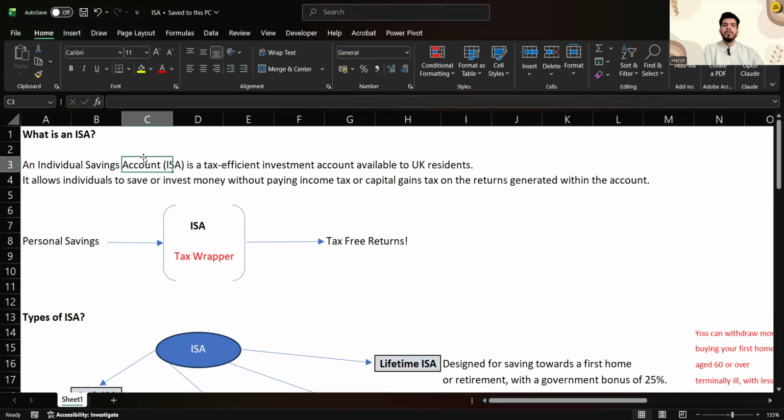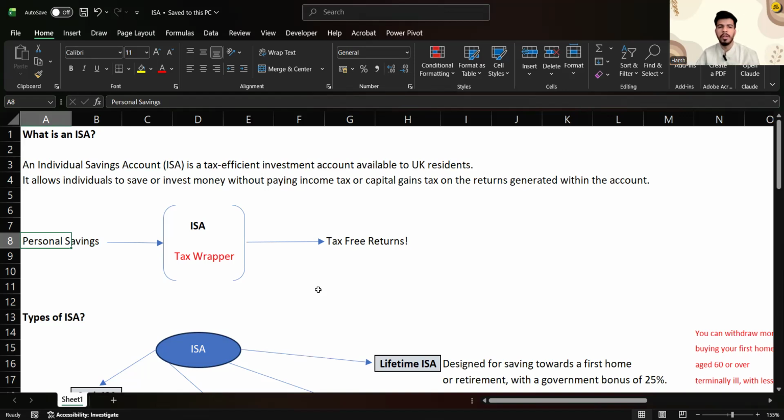Okay, so let me give you a diagrammatic representation. Let's say you have earned income during the year. Let's say during the previous year, you either had a business from which you earned income, or you might be a salaried person, so you would have earned salaries. You want to invest that amount.